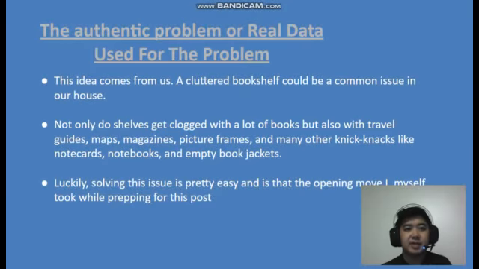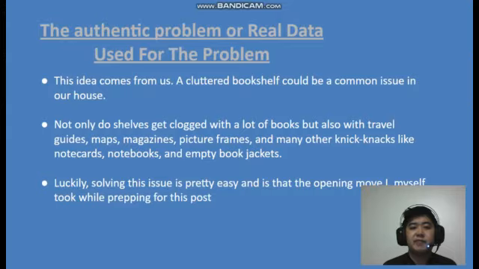Thank you. My name is Isaac, so I will explain about the real data used for the problem. This idea comes from us. A cluttered bookshelf is a common issue in our house or any other house or any library.